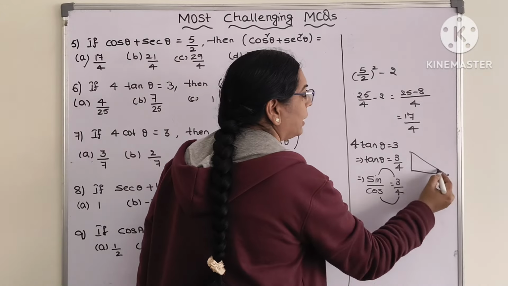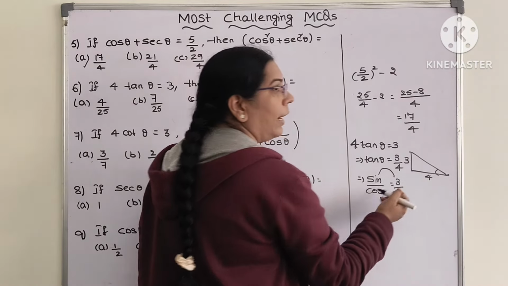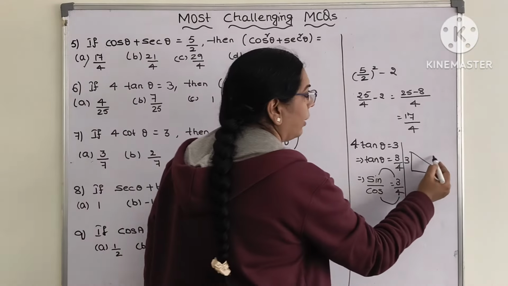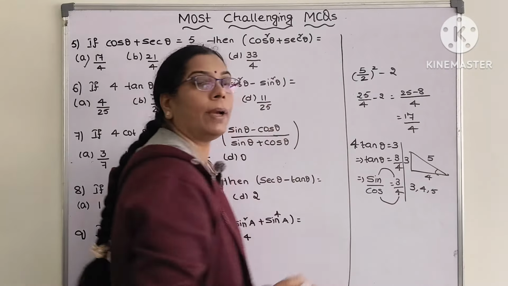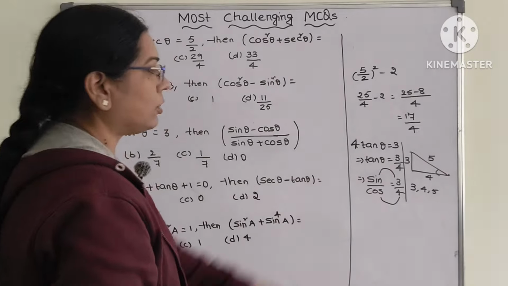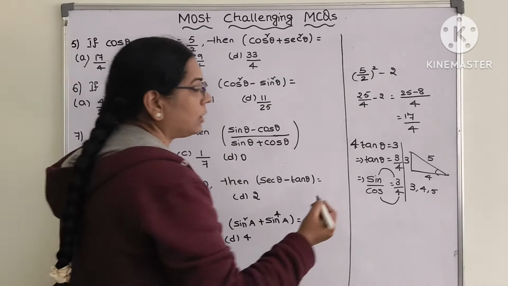Basically, draw a picture like this. Sine is opposite and the cos is adjacent. And you know what should be the hypotenuse? Hypotenuse should be 5. What are 3, 4 and 5 called? 3, 4 and 5 are called the Pythagorean triplets. Largest side will always be the hypotenuse. So now I know all the three sides. What is it that they are asking? Cos square minus sin square.